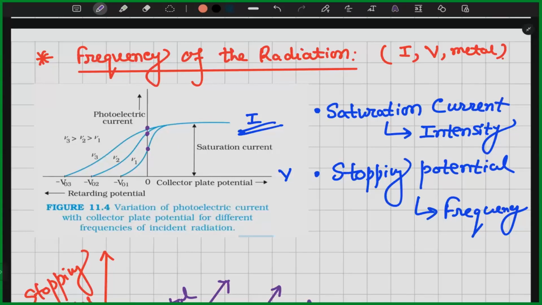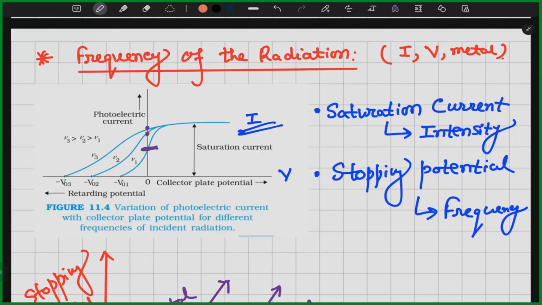That depends totally on the intensity, the number of electrons. But let's say among those 100 electrons, 30 electrons have the ability to reach plate A, having the kinetic energy. So there is some current.